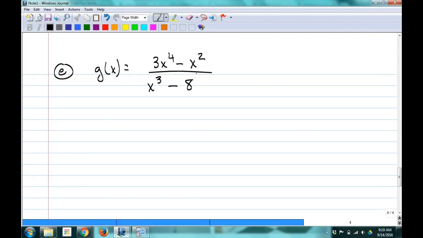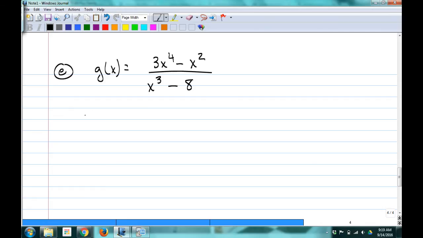If we are going to have an oblique, why? The degree of the numerator is one more than the denominator. So we know we're going to have an oblique, which means we don't have a horizontal. We also have to find the domain and the verticals.